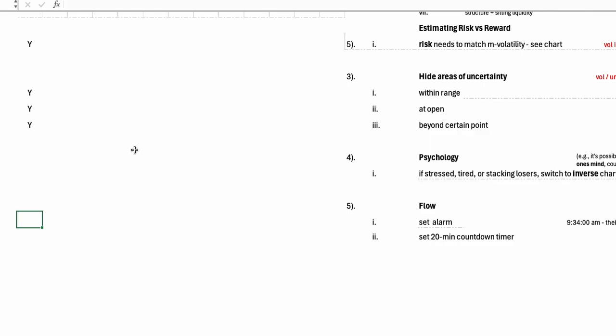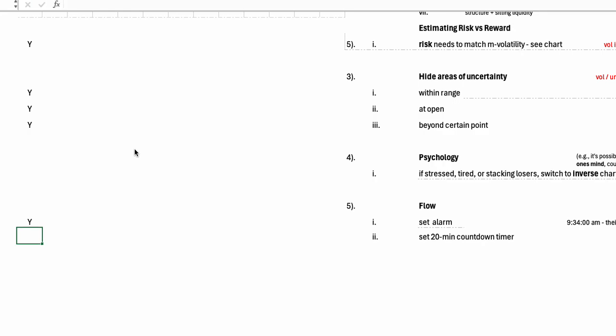Set alarm for 9:34. That's to keep my concentration within a 20-minute time frame, because typically people can only concentrate for 20 minutes at that peak. So, done. 20-minute timer.